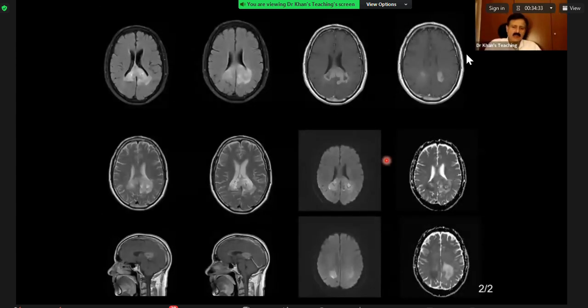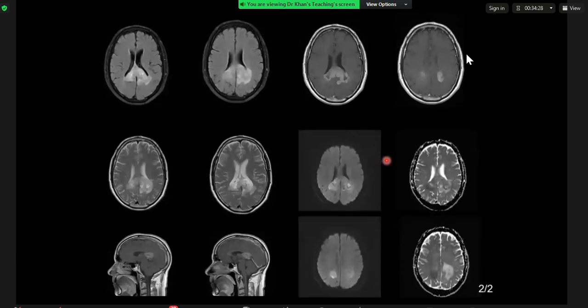So this is the MR of the same patient. Okay, in these, there are multiple fluid sensitive and fat suppressed sequences. The lesion is now well seen and enhances with contrast, and there is associated vasogenic edema as well.